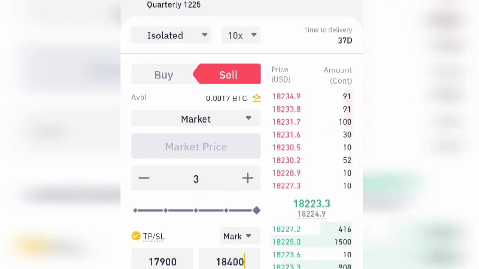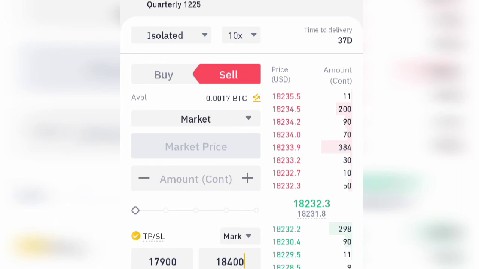Now you can either select take profit and stop loss, or you select reduce only. Reduce only will only reduce your position, just to help you minimize loss. But it's safer for you to go with take profit and stop loss. Set your take profit and stop loss, and use market price, so that as soon as the market price hits your take profit, it automatically closes your trade for you.